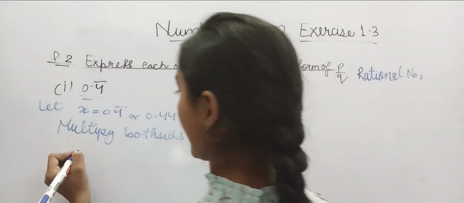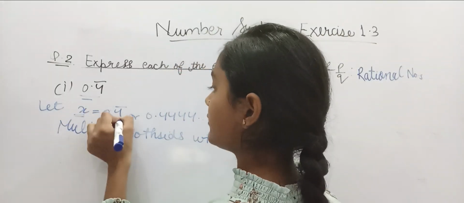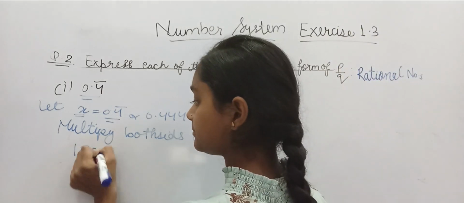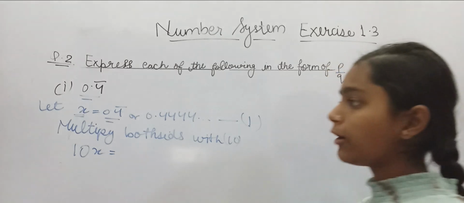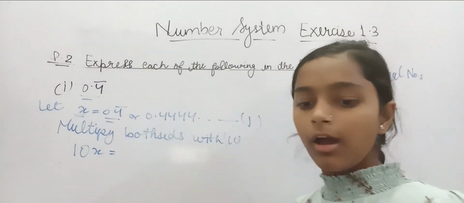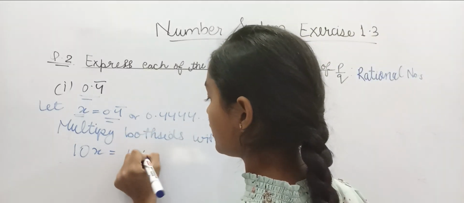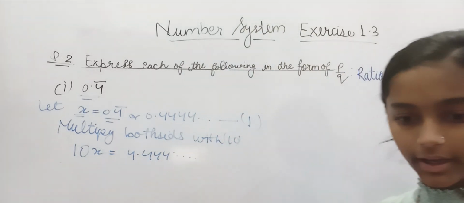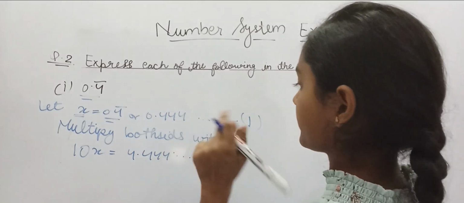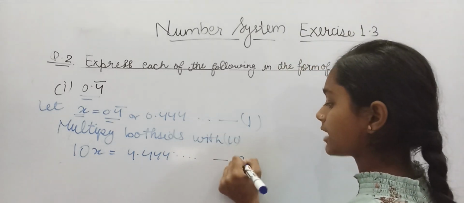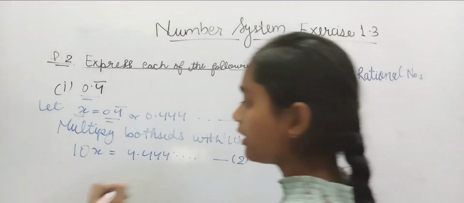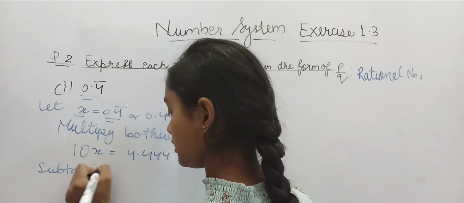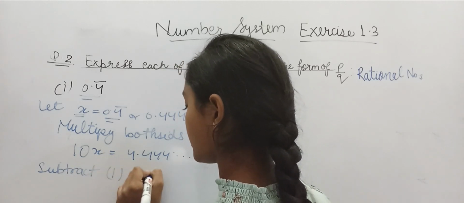We need to multiply the x and also the 0.4. So 10x is equal to 4.444 and so on. Let this be the second equation. Now we have to subtract first from second.